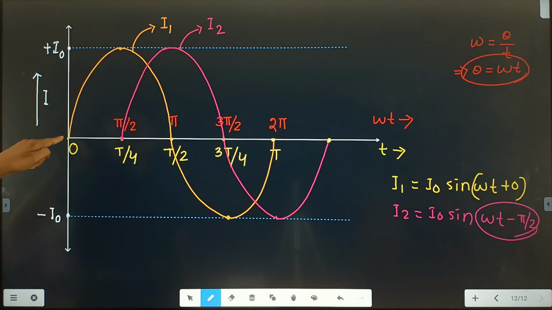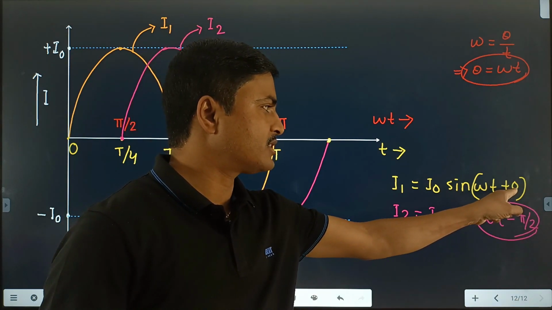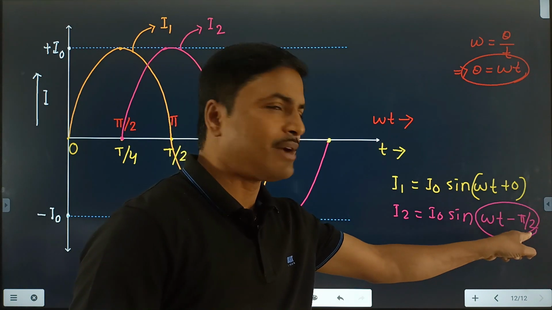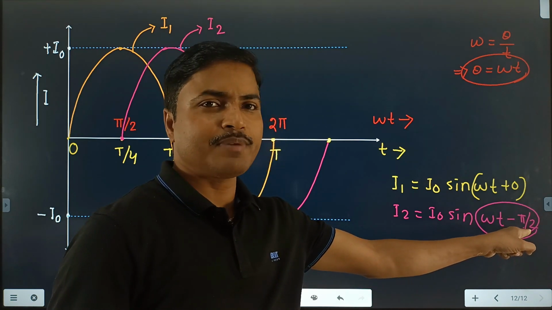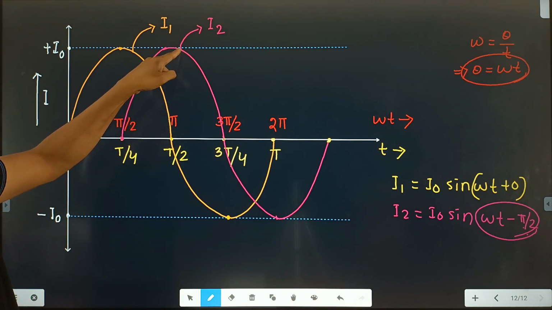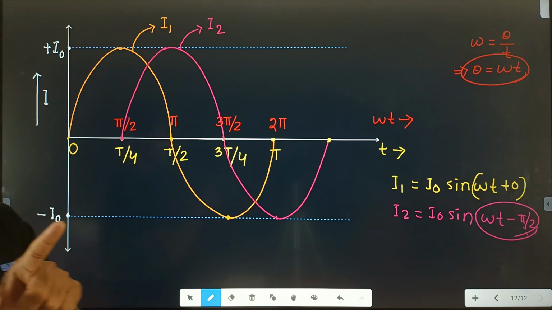I1 has initial phase 0, because the current I1 starts from point 0, and its equation is omega t plus 0. For I2, that is omega t minus pi by 2, the initial phase is pi by 2, so the second wave I2 starts from point pi by 2.